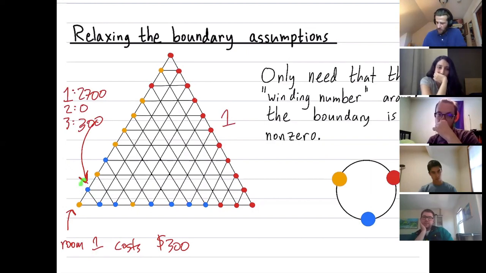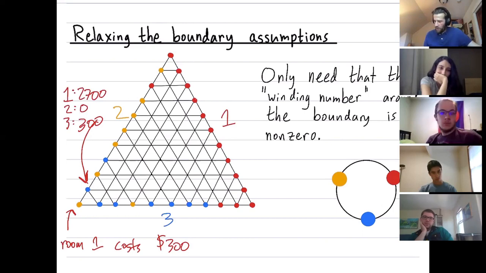So my assumption that here I always choose room 2 because it's free is not very good. Maybe room 2's a bad room, and so if room 2 is free but room 3 is really inexpensive, I might choose room 3. So that's a critique of our boundary assumptions.